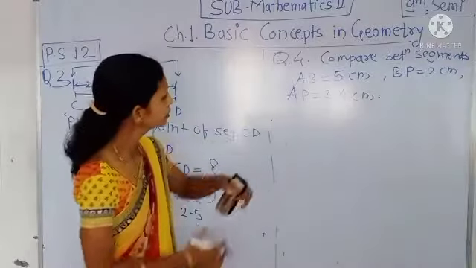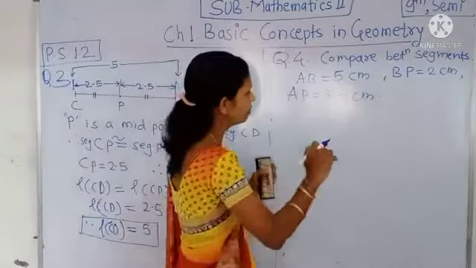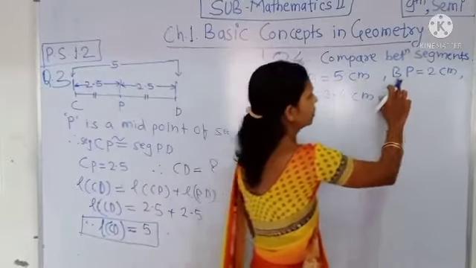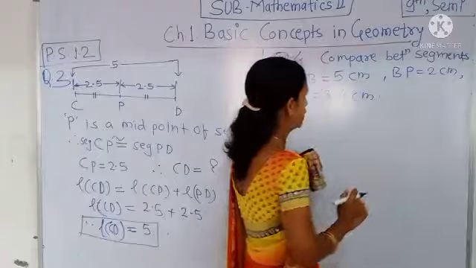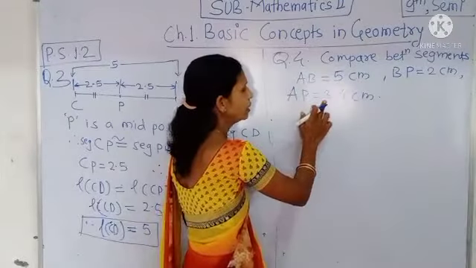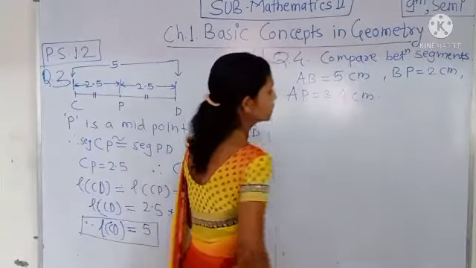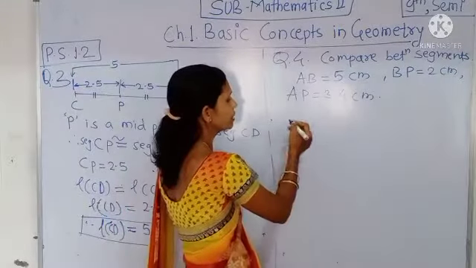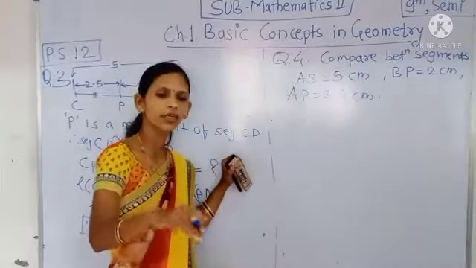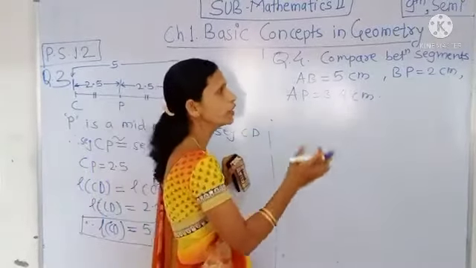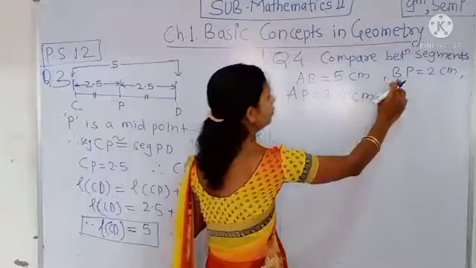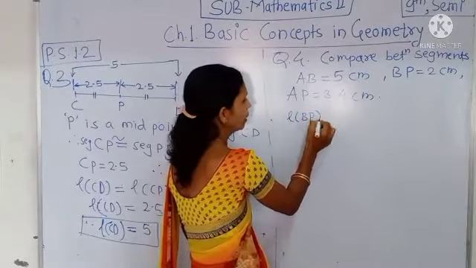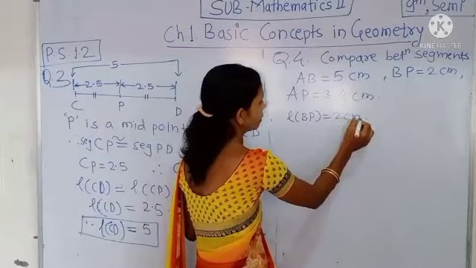See here, length of AB is 5 centimeter. Length of BP is 2 centimeter. And length of AP is 3.4 centimeter. First of all, we have to write those segments in ascending or descending order according to their lengths. BP is the smallest one, length 2 centimeter.